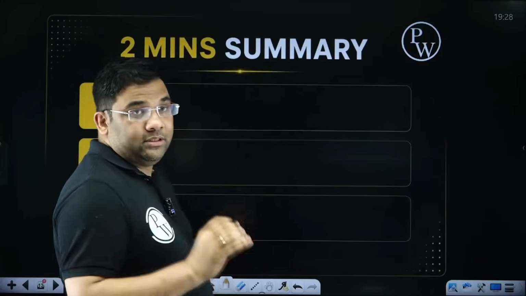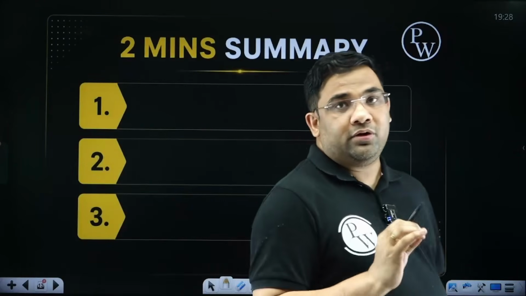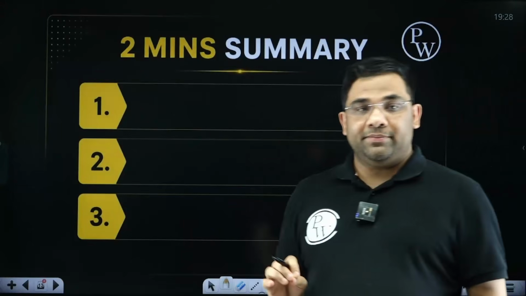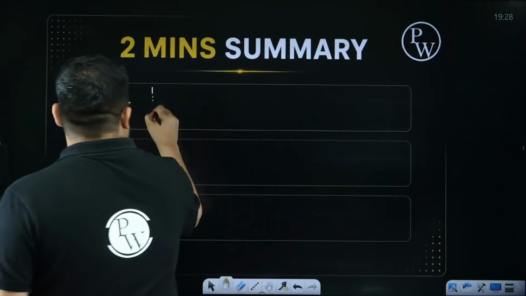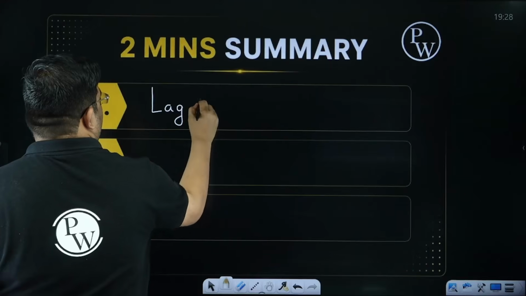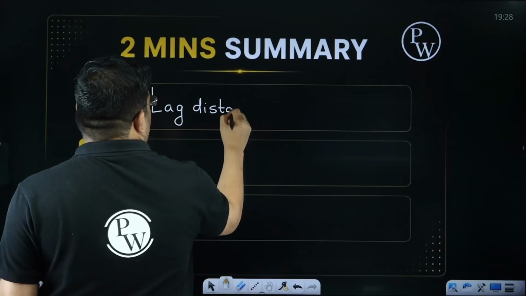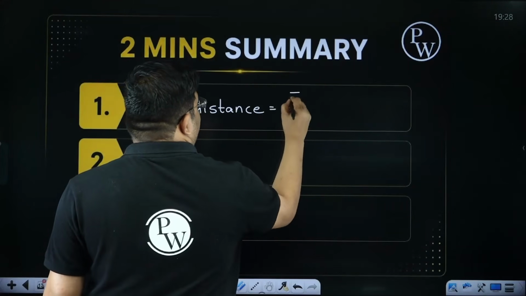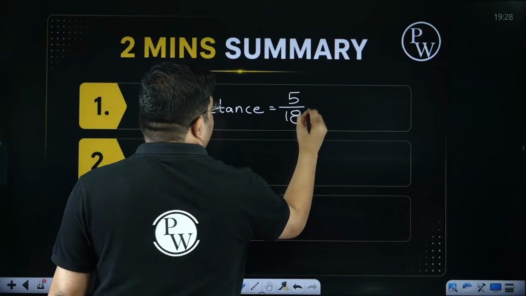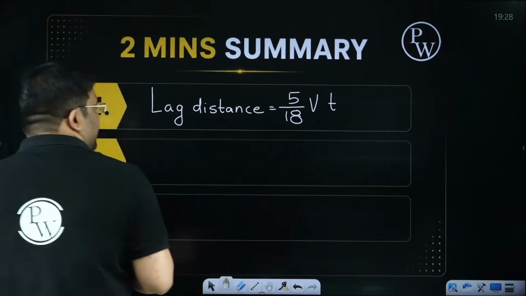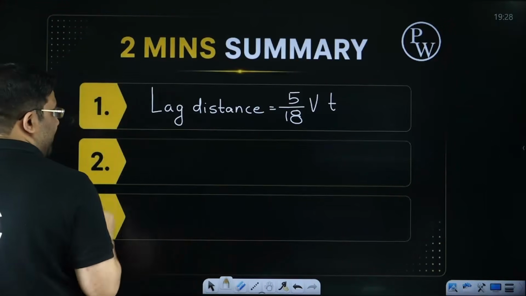Okay, so today we studied a very important topic, SSD, for your GATE examination. We saw that the SSD comprises lag distance and braking distance. The lag distance formula is simply 5/18 capital V into T, where T is the reaction time in seconds and V is the speed in kilometer per hour.